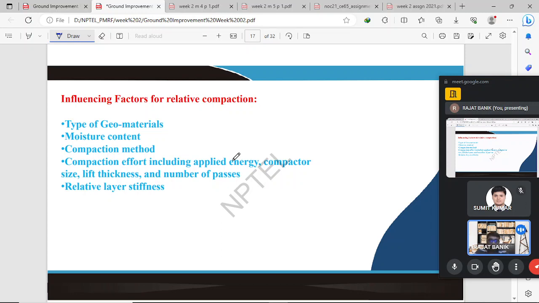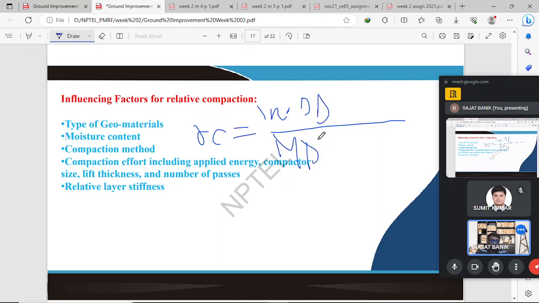By formula, the relative compaction RC is equal to the in situ dry density at field divided by the maximum dry density at laboratory, times 100%.